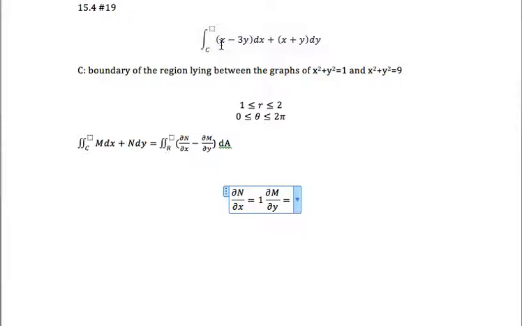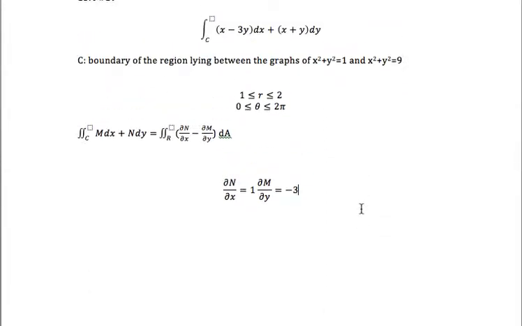Well, everyone knows there's no y in the x, so the derivative of negative 3y is just going to be negative 3. Okay. Now we can put these into our equation.